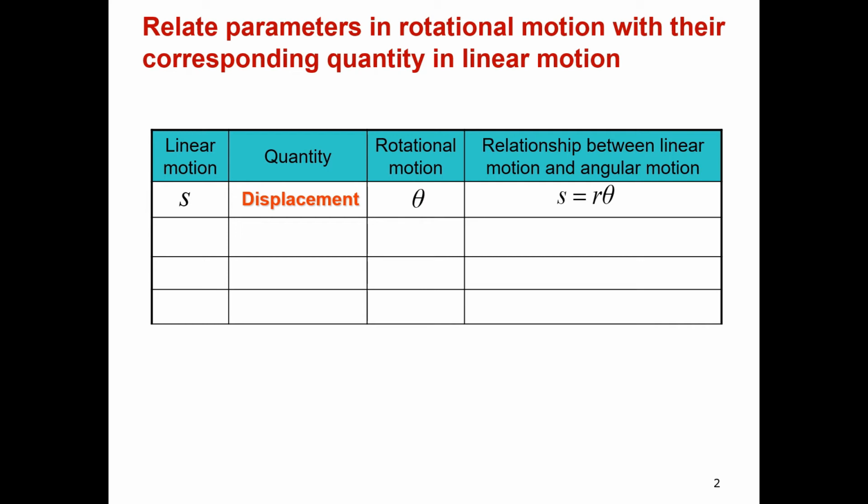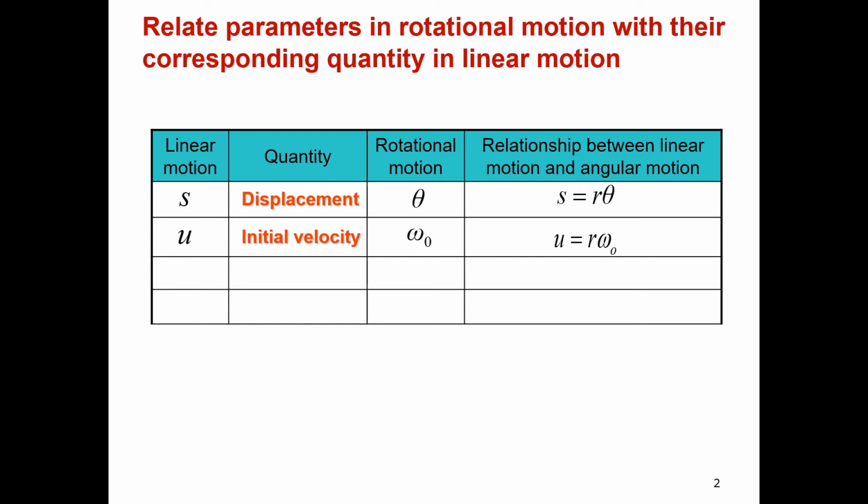The second one is initial velocity. The symbol for initial velocity in linear motion is u, and in rotational motion is omega naught. And it can be related by using equation u equal to r omega naught.